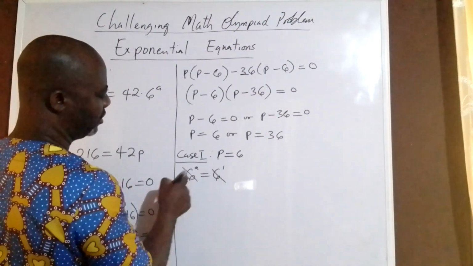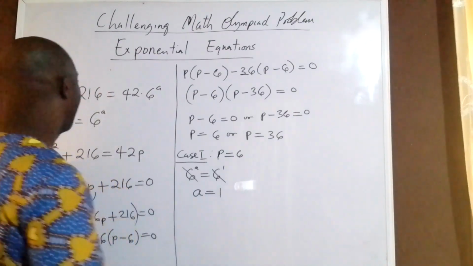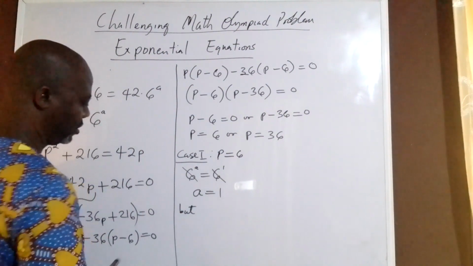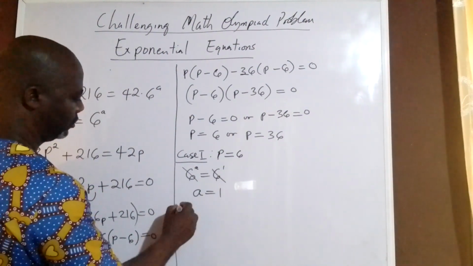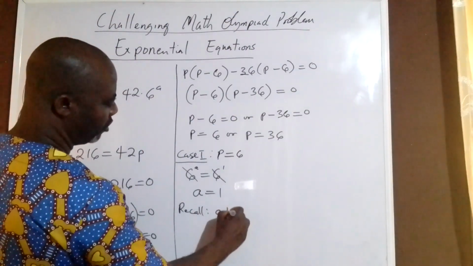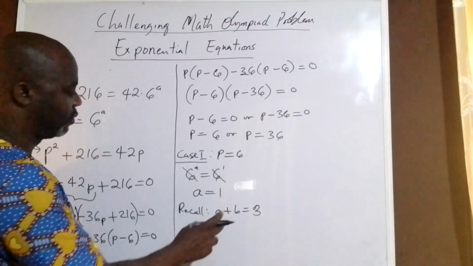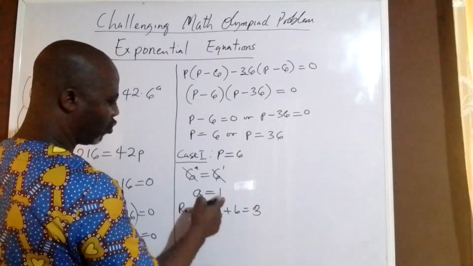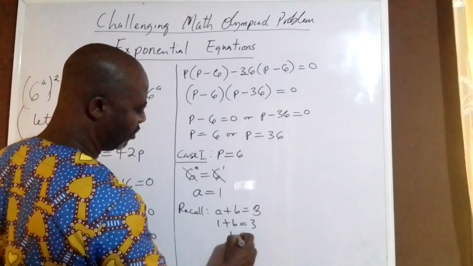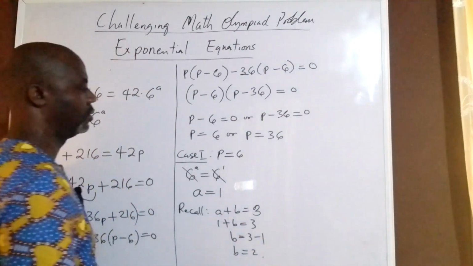So on both sides, the 6 will cancel out, and then A equal to 1. Recall that A plus B equal to 3, and if A is 1, that means 1 plus B equal to 3, and then B will be equal to 3 minus 1, B is equal to 2.